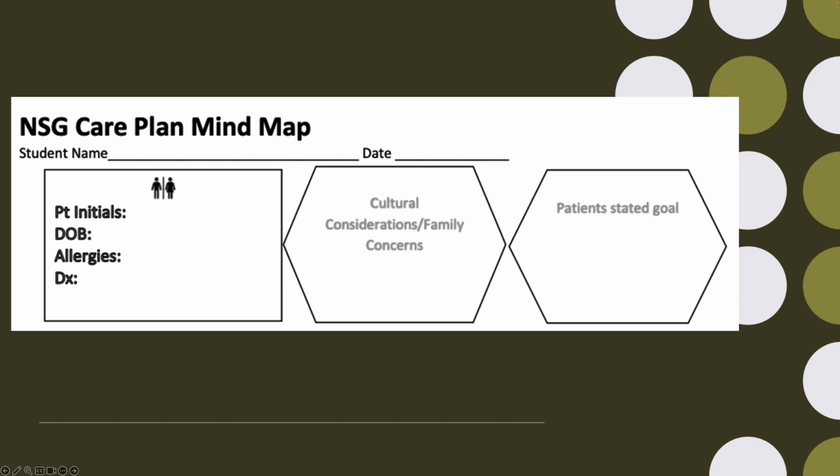Plus, as nurses, we want to really make sure that we're dealing with any cultural considerations or any family concerns. So this is where you might have a patient from a culture you're not familiar with, and this might be a concern or just something that you want to be aware of or make others aware of. So you can just pop it into that spot.